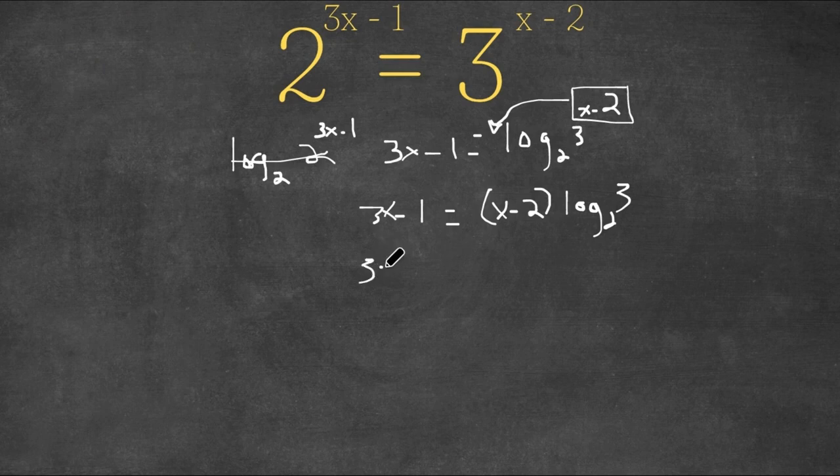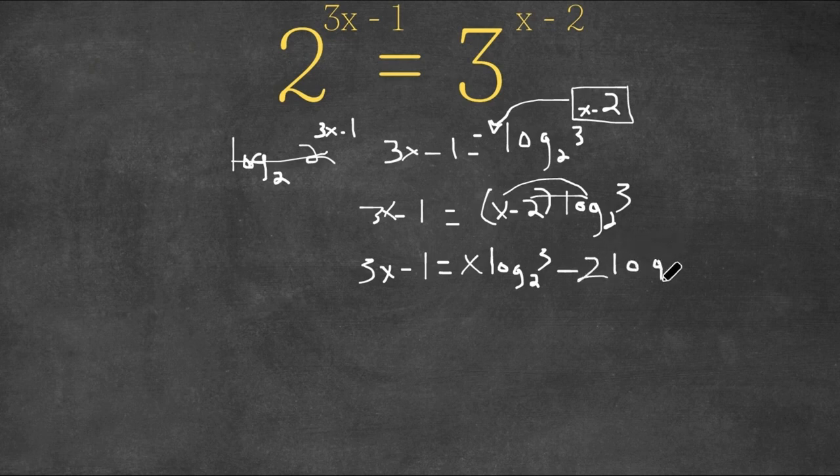So this is 3x minus 1 equals, well, x times log subscript 2 of 3 is simply x log subscript 2 of 3 minus 2 times log 2 3 is simply this. All right, so now as you can see, we have our equation here.